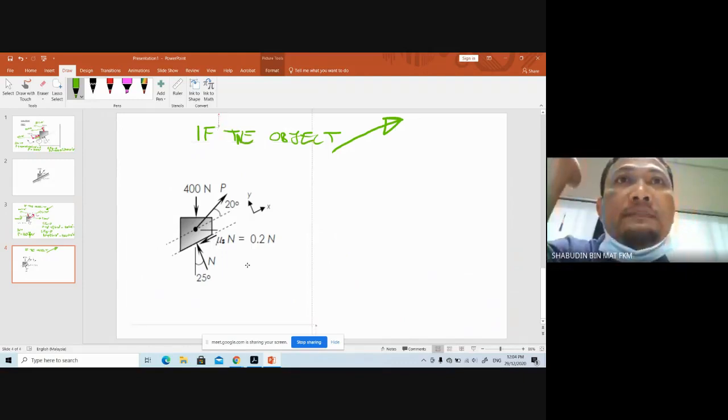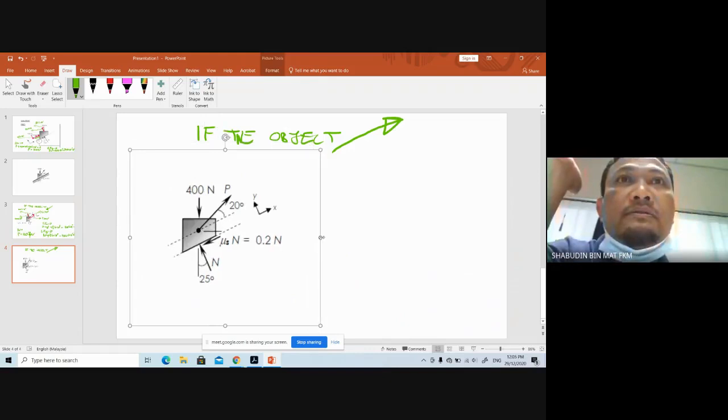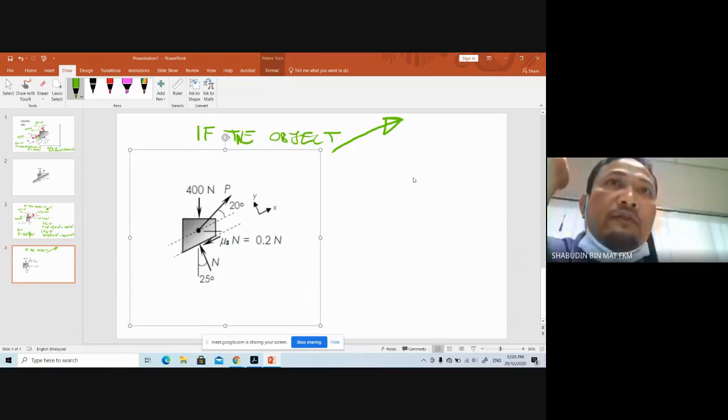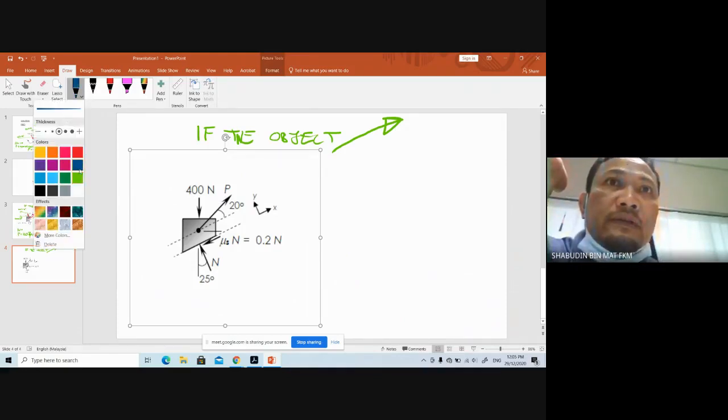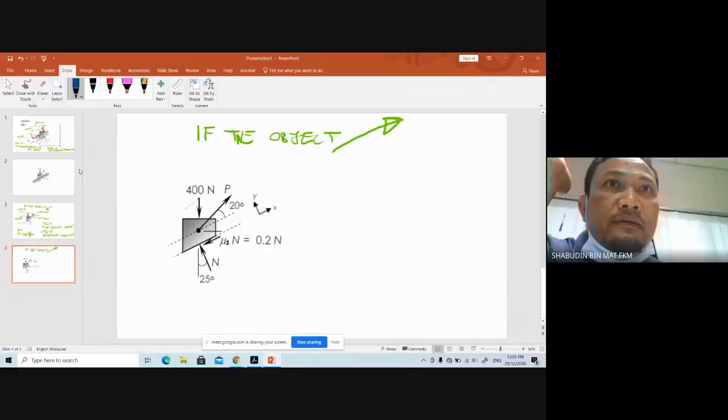Nothing changed in the principle. So you resolve the force again into X and Y. So that is unchanged.